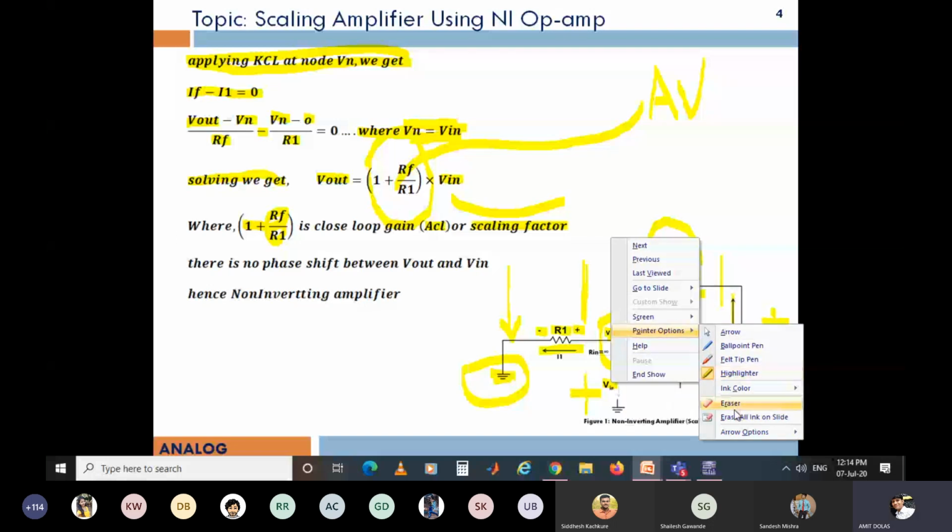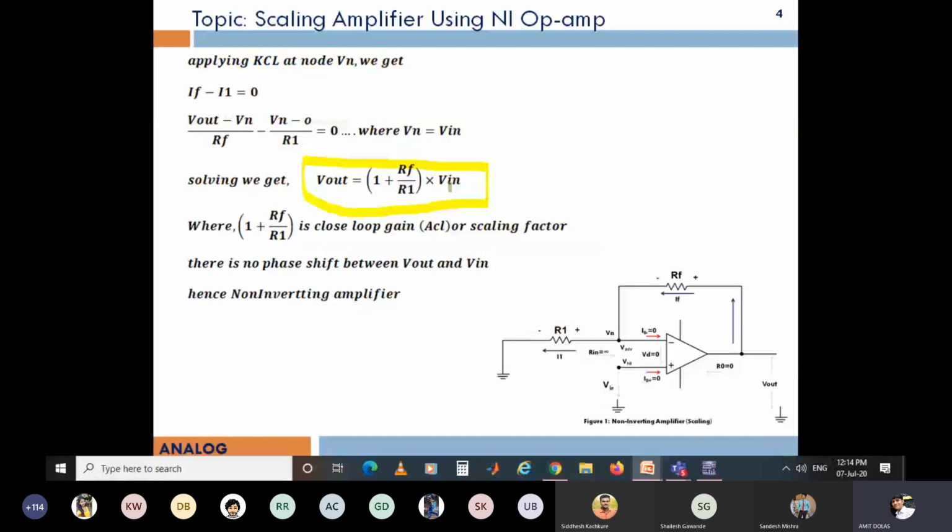I shall erase the highlighted points. Okay. You can see the equation: V out is equal to 1 plus Rf upon R1 into V in. So unlike the earlier lecture, there is no minus sign here on the left-hand side as well as the right-hand side. Both the polarities are positive, meaning V out is also positive, V in is also positive. Therefore, there is no phase shift between input and output.